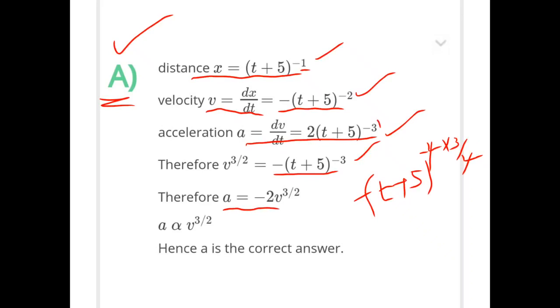Instead of (t plus 5) whole power minus 3, you are writing v whole power 3 by 2, because just now we got it. So 2 is the number. So this can be written as a is proportional to v power 3 by 2. So option A is the correct answer here.